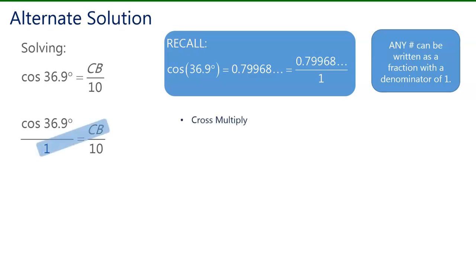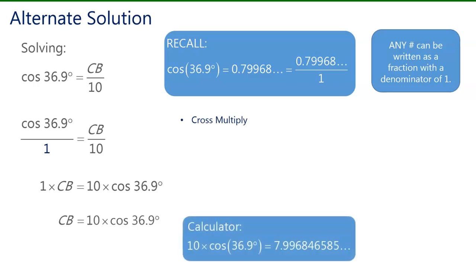We cross multiply, we get 1 times CB equals 10 times cosine 36.9 degrees, giving us CB equals 10 times cosine 36.9 degrees. We now use our calculator, and 10 times cosine 36.9 degrees is 7.9968 continuing. CB equals 7.9968 as before, and now we can think of CB as just simply 8.